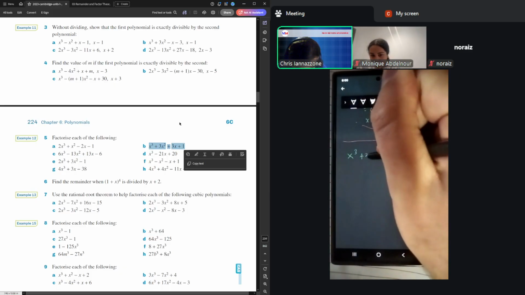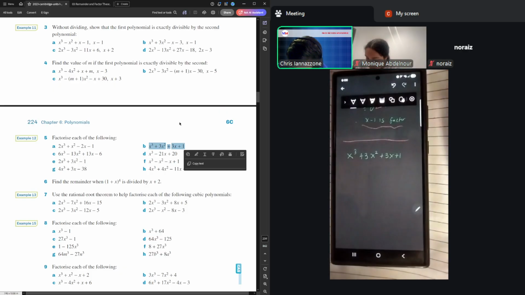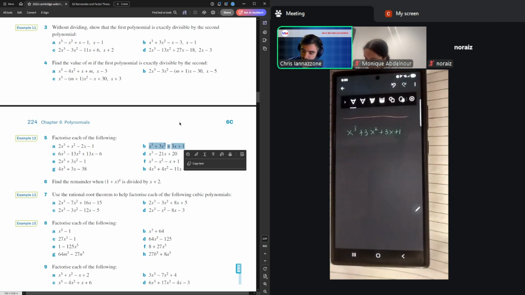X cubed plus 3x squared plus 3x plus 1. And the statement is just to factorize it however we can. If you know another method, by all means, let me know. Otherwise, the notes also cover this as well.